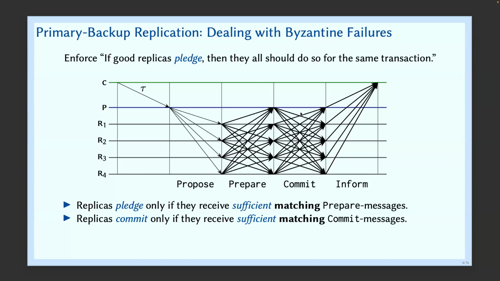So is it sufficient if a single honest replica gets to the commit state? If R4 gets to the commit state, how many replicas are locked? 2f+1, because they send a commit message.